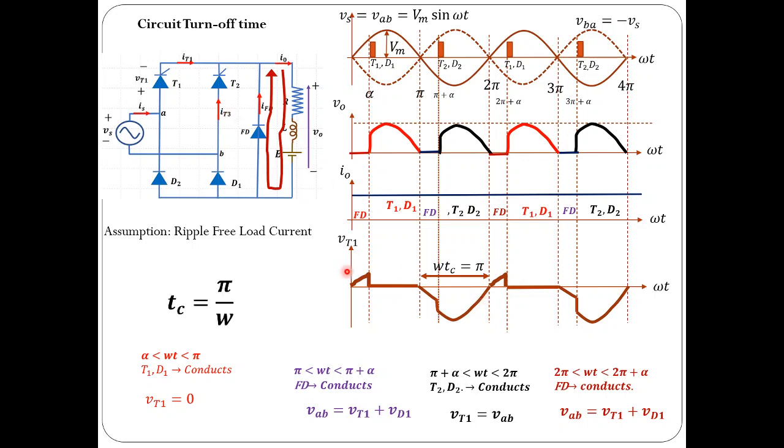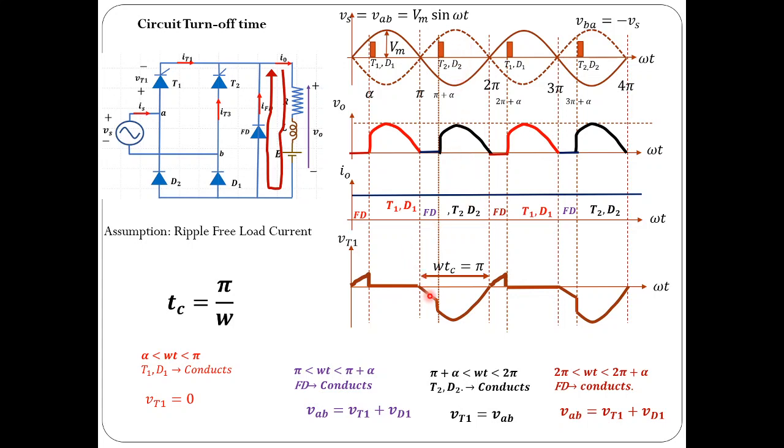Now from this formula you can find the circuit turn-off time in seconds, which is equal to pi by omega, where omega is the supply frequency in radians per second. This way one can compute the circuit turn-off time, and we can also find the peak inverse voltage. If alpha is less than 90 degrees, you can see that the peak inverse voltage is equal to Vm, the same as the peak value of the source voltage.